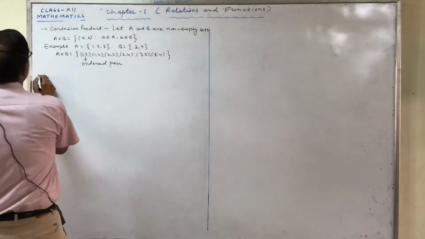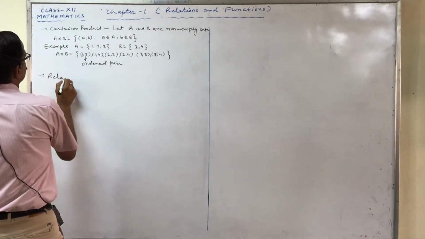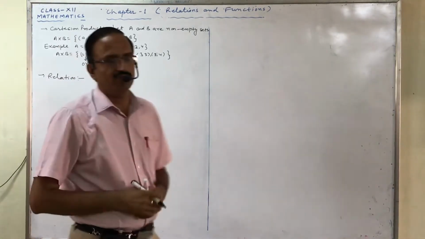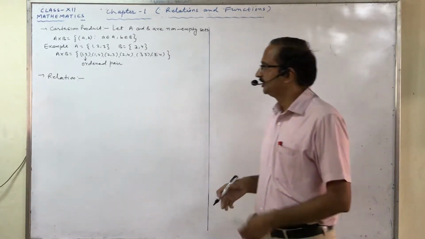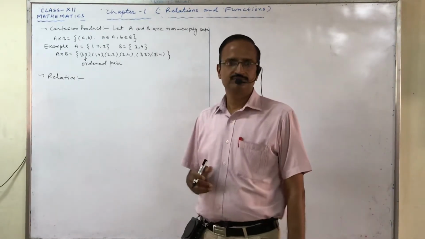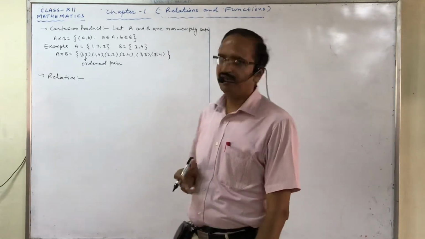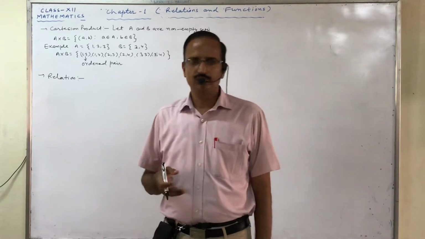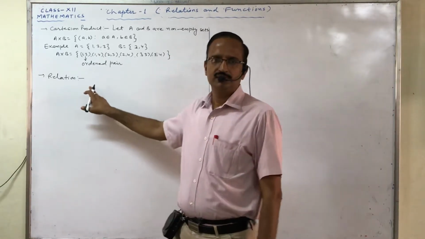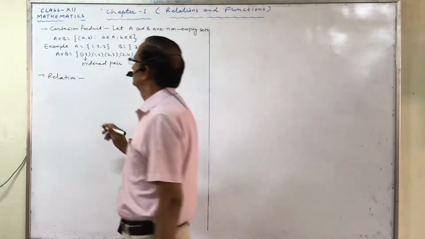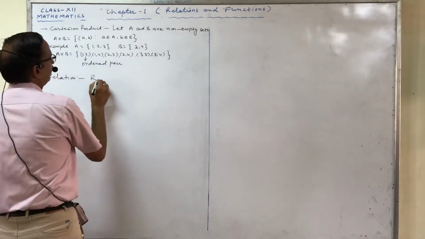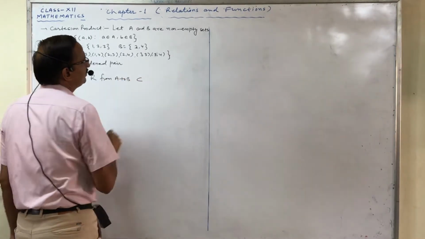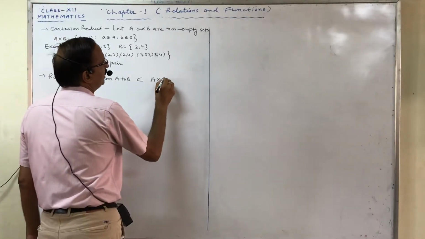Now come to relations. Relation is again related to the sets. Suppose R is a relation from two non-empty sets A and B. So relation R from A to B. Relation R from A to B is a subset of the Cartesian product.